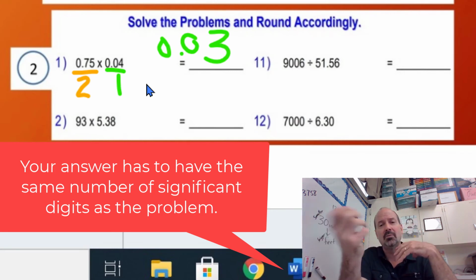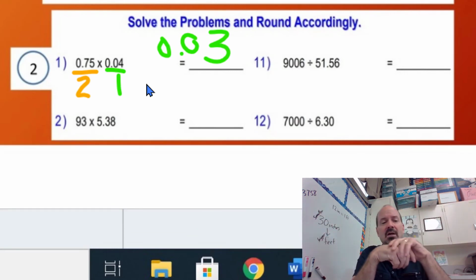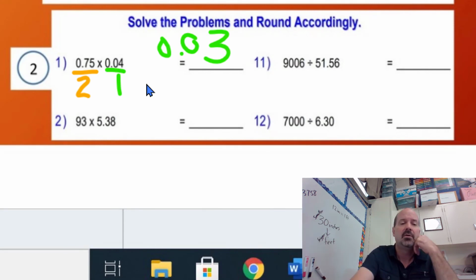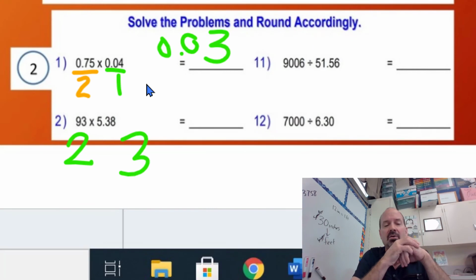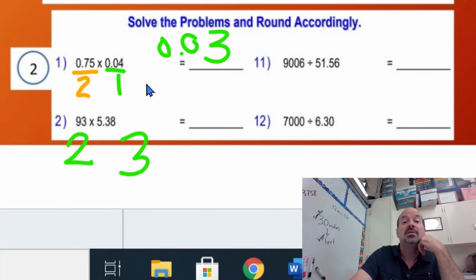So real quickly, we'll just zoom through the rest of the answers. Number 2, you have 2 significant digits in 93 and 3 in the 5.38. So what are we going to round to? Anyone know? You can throw it in the chat. If you have 2 digits in one and 3 digits in the other, what do we round to? Good job, Natalie. 2 significant digits.